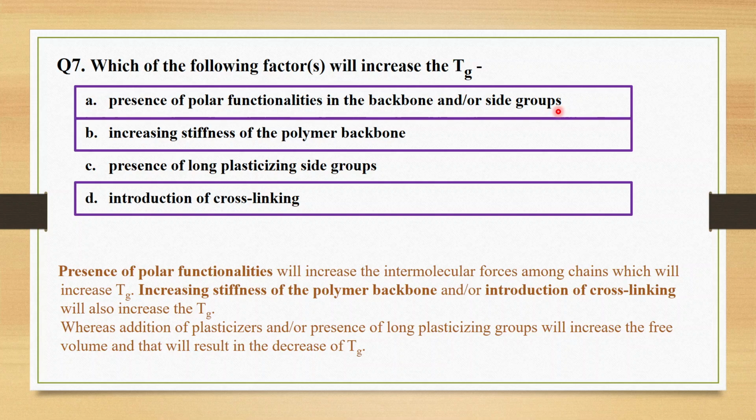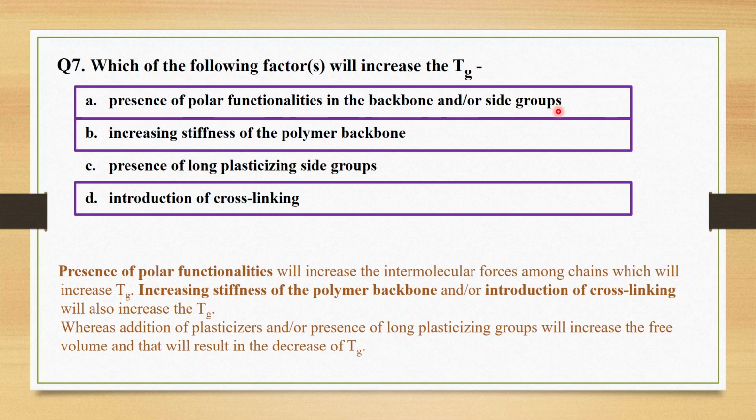The next point was increasing stiffness of the polymer backbone. In the slides there are many examples that as you keep on increasing the stiffness, the more it will try to remain in the glassy state.